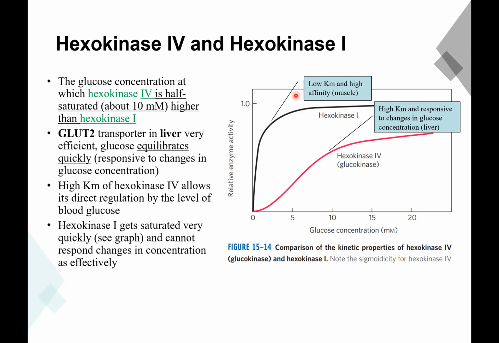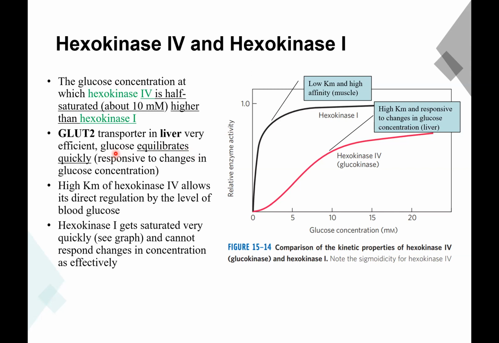So there's a couple things going on in the liver. One is that GLUT2 is a transporter for liver cells that is very efficient and equilibrates quickly, meaning that it is highly responsive to changes in physiological glucose concentrations.